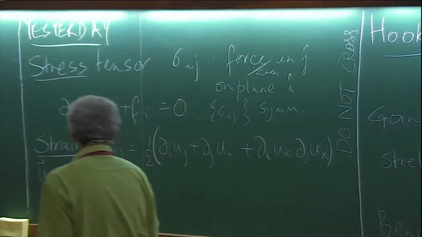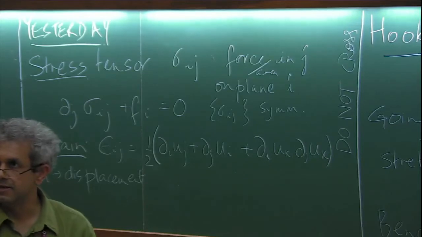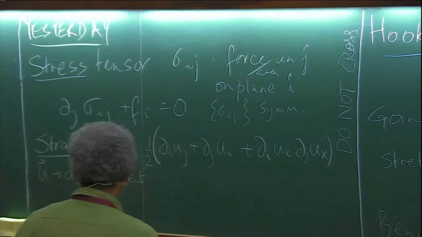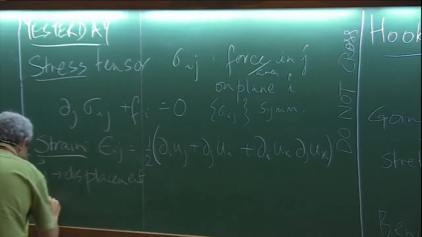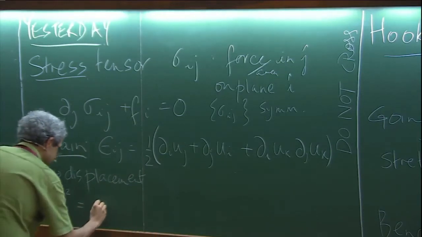Then we talked a little bit about strain. And you remember where this came from. The interpretation of strain comes from changes in distances between material points. So we came at it by looking at how two material points separate in space.